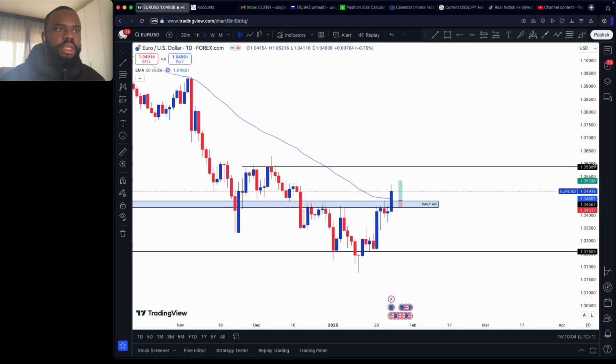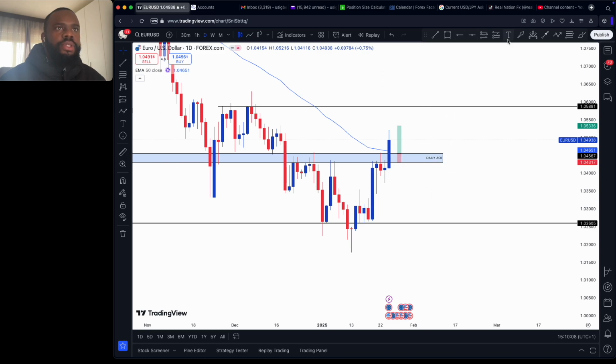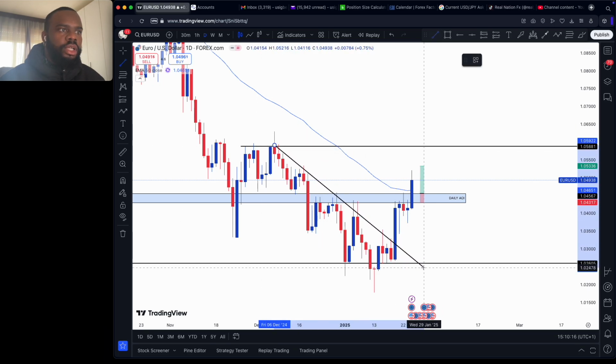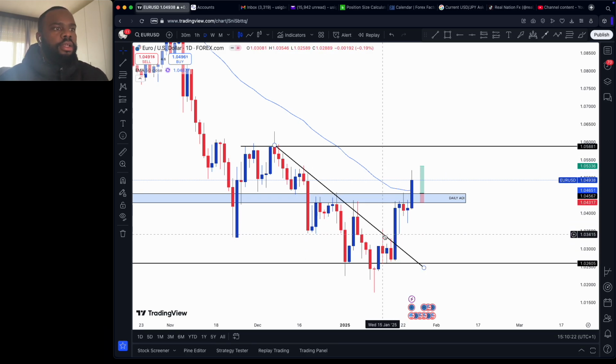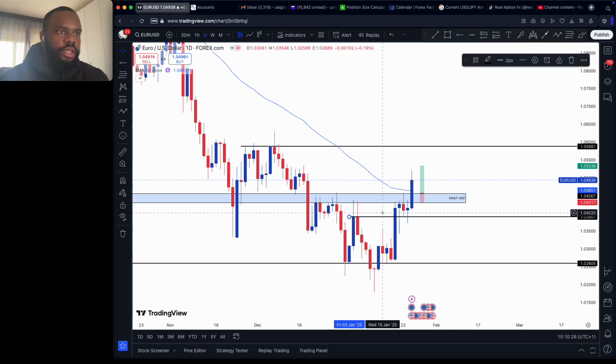On the daily, I am seeing a change of trend. First, let me go with the trend line. If you see the trend line, you see price broke out from the trend line aggressively. Then again price used this as a support level, bounced off it, thereby closing above again.